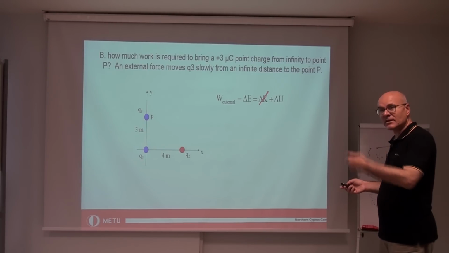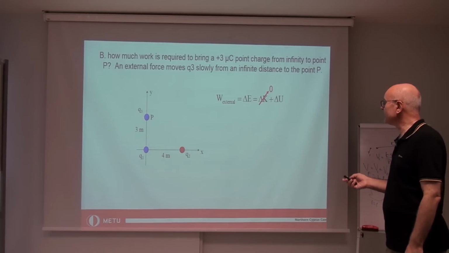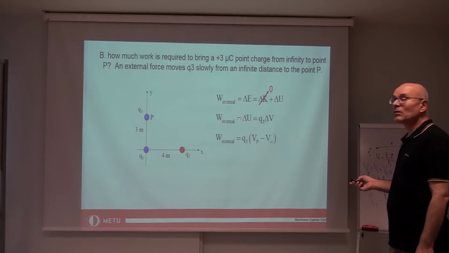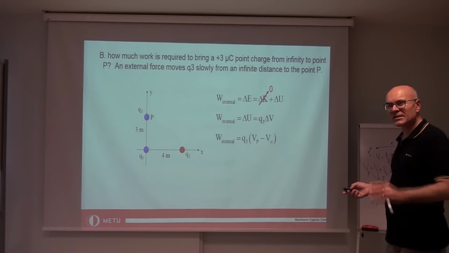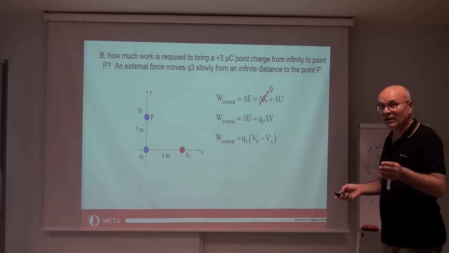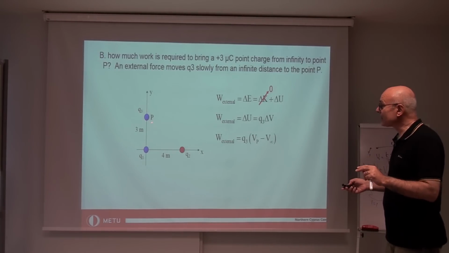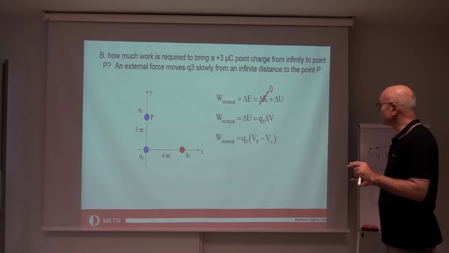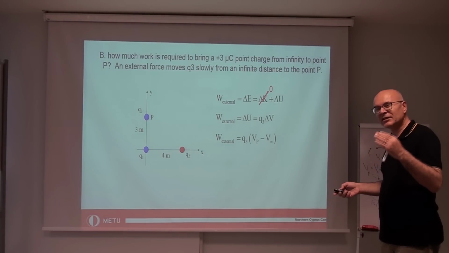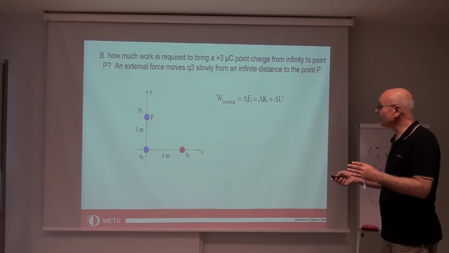This is just me putting what I have been saying all the time into work in detail. So W external is equal to the change in the potential energy of the system. What system? The three-charge system. Change from where to where? The change in potential energy between what configurations? The configuration when this was not there.